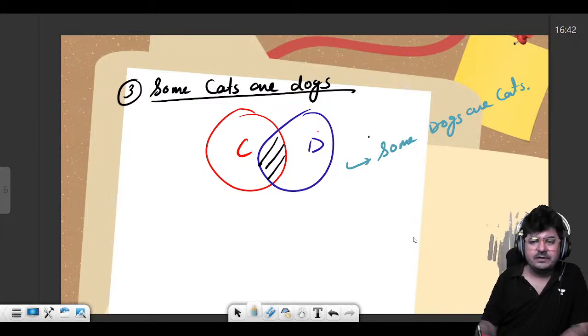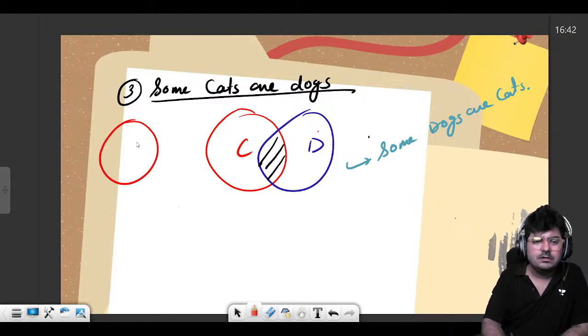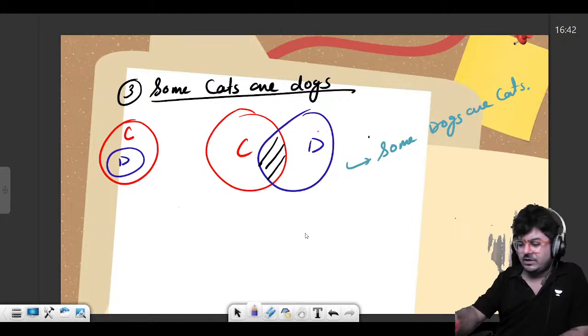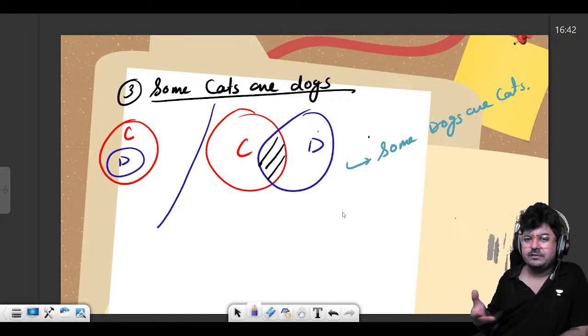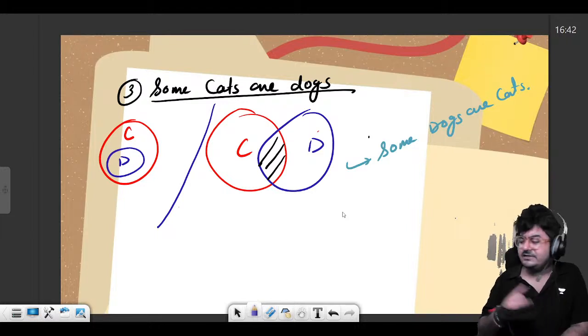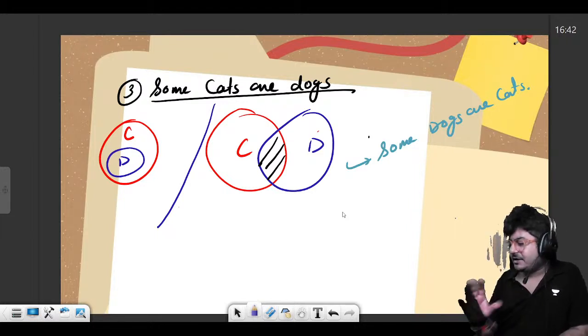Or you can do one thing. You can draw the cat circle and put dogs inside this. So here also you can see this is one more way to mention that some cats are dogs.